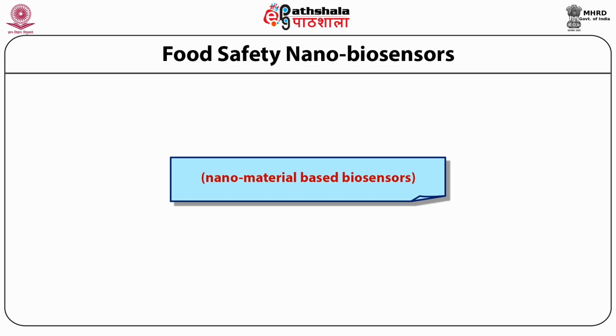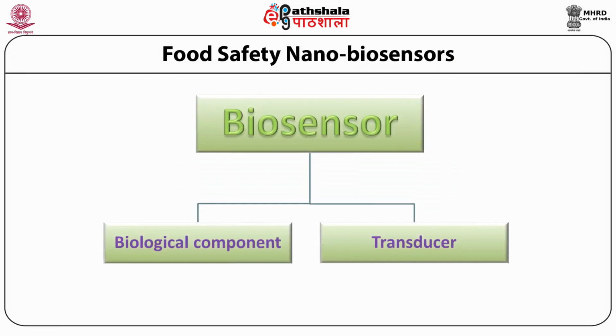For example, if you want to detect glucose, the glucose oxidase enzyme will be the most compatible enzyme to use. The two most commonly used transducers in biosensors are electrochemical and optical.